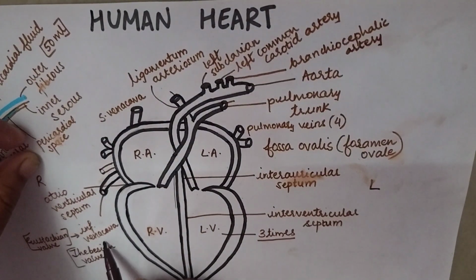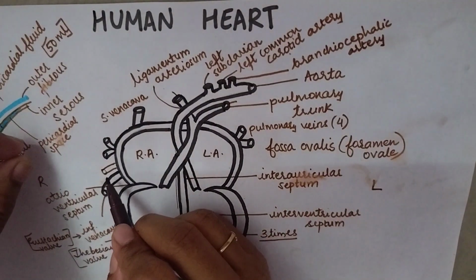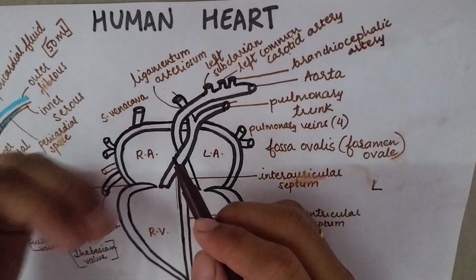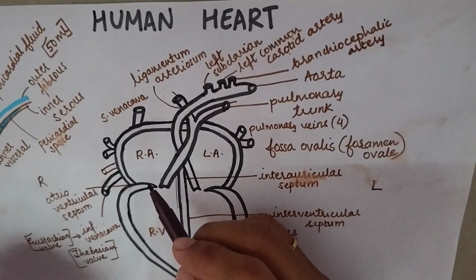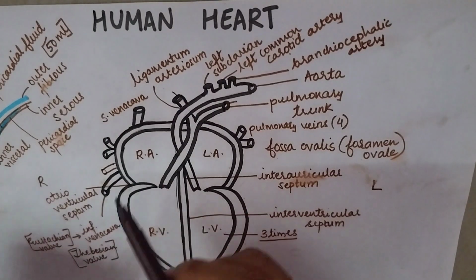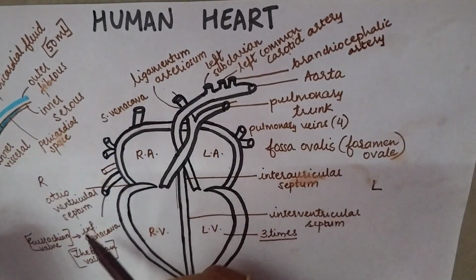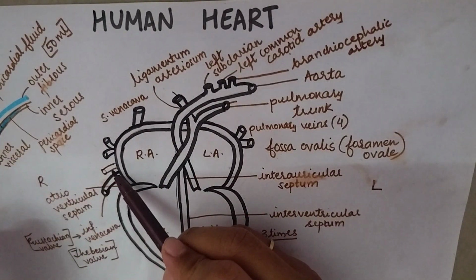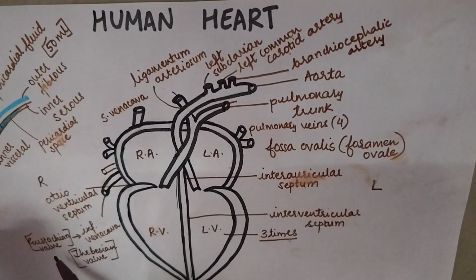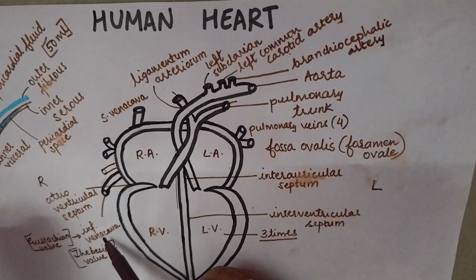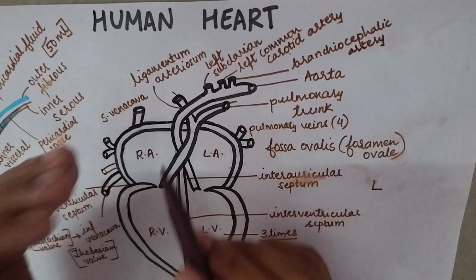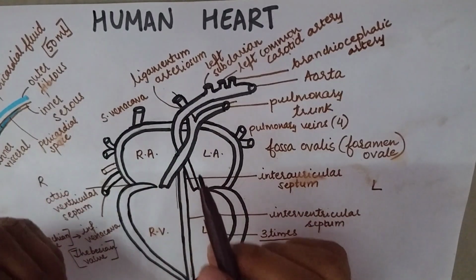The Thebesian valve present in the coronary sinus will prevent backward flow of blood from the coronary sinus. Okay, so we have two valves over here. The Thebesian valve is for the coronary sinus. The Eustachian valve is for the inferior vena cava. What is the function of the valve? It will prevent backward flow of blood.